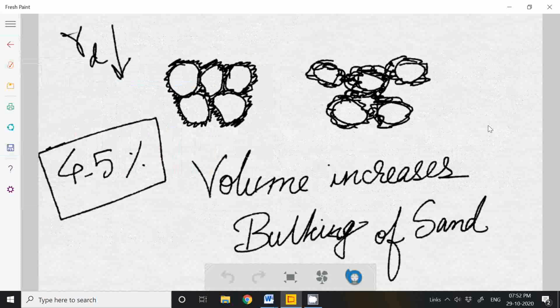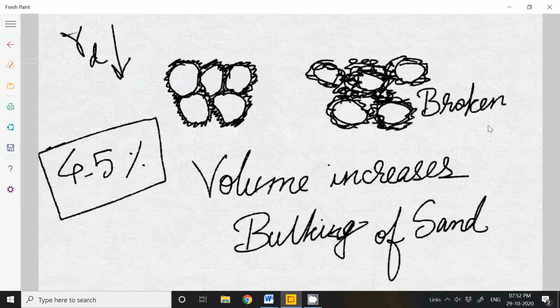Then when the amount of water is increasing, these capillaries get broken. These are layers that are formed along the surface of the sand particles.